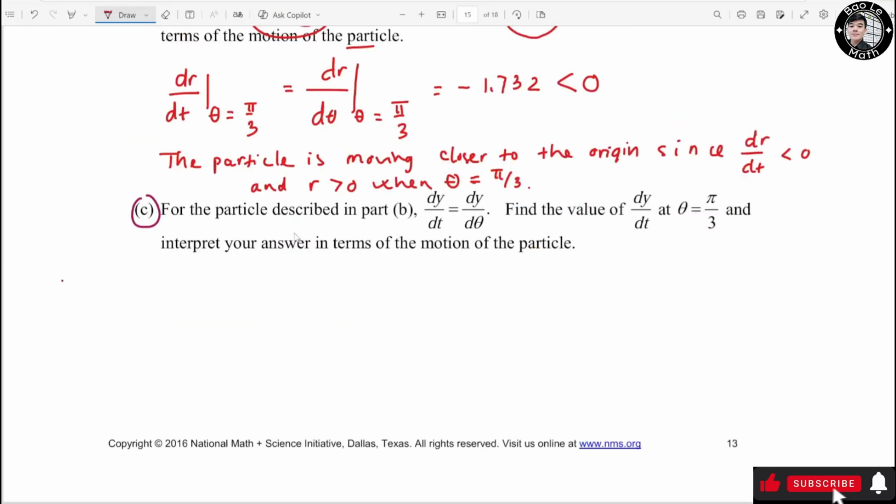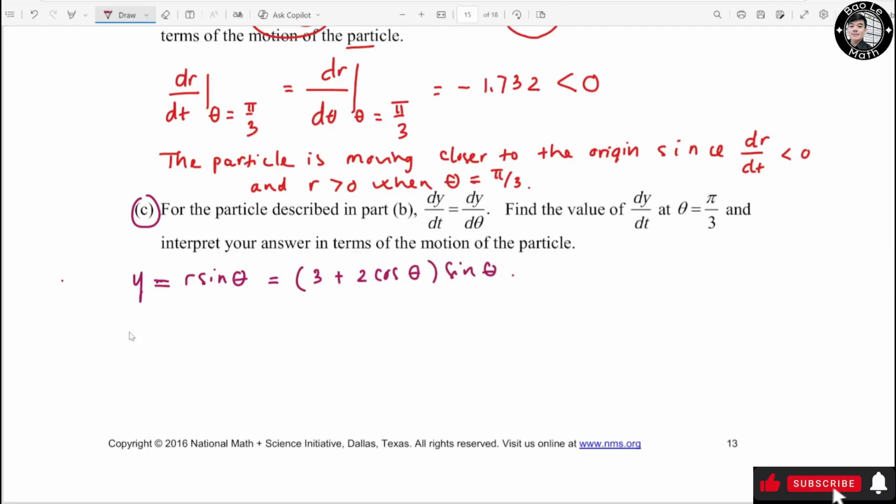Question C. For the particle described in part B, dy over dt equals dy over d theta. Find the value of dy over dt at theta equals pi over 3 and interpret your answer in terms of the motion of the particle. Alright, so we're going to do exactly the same thing. We know that y equals r sine theta, but r equals 3 plus 2 cosine theta, so it could be 3 plus 2 cosine theta times sine theta.